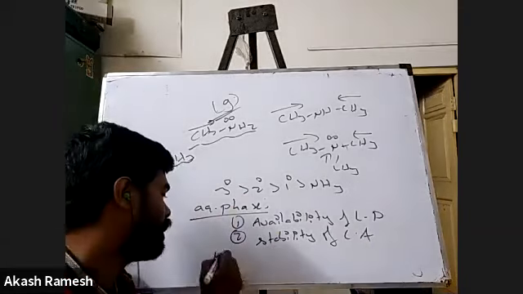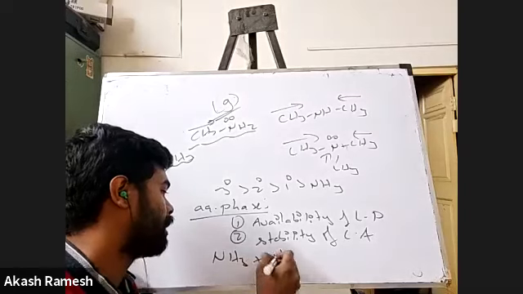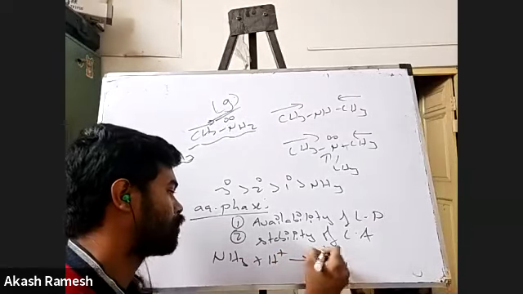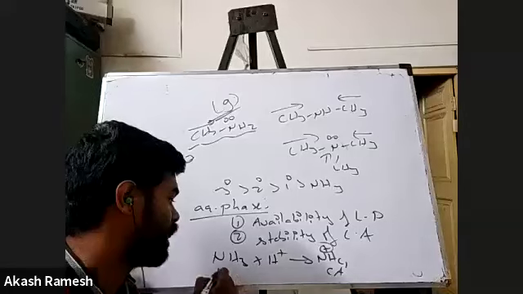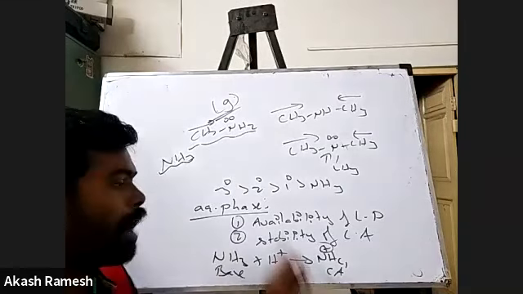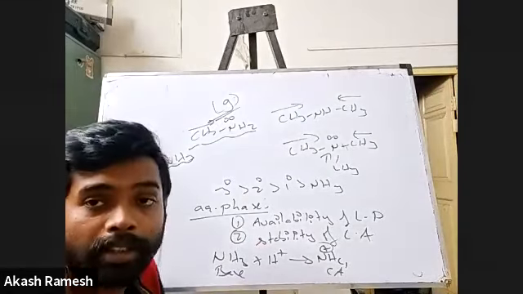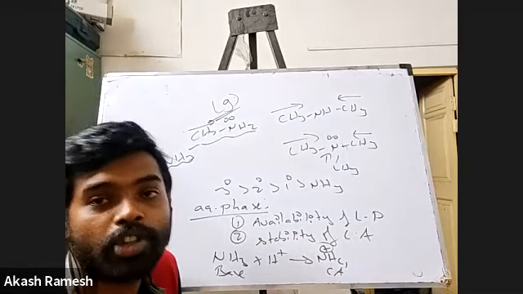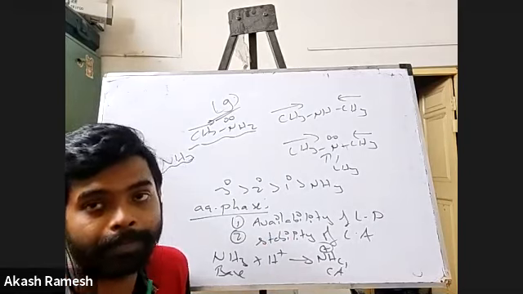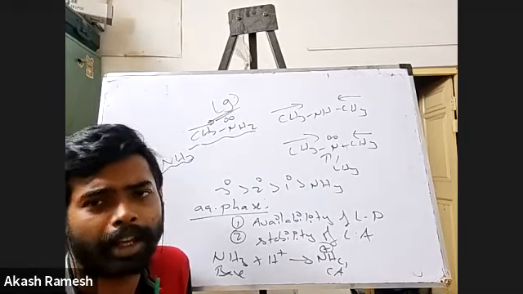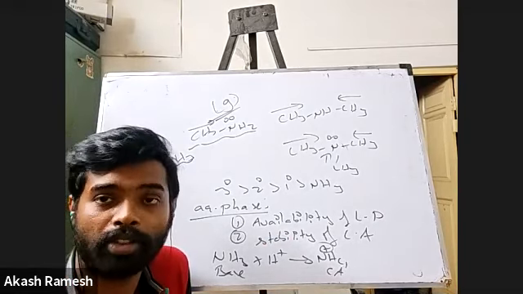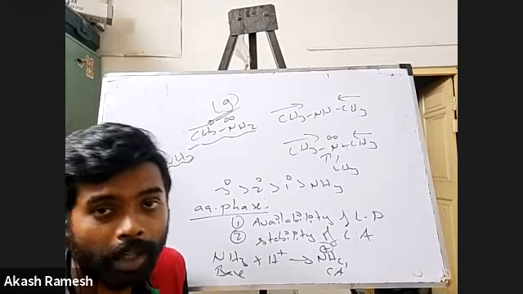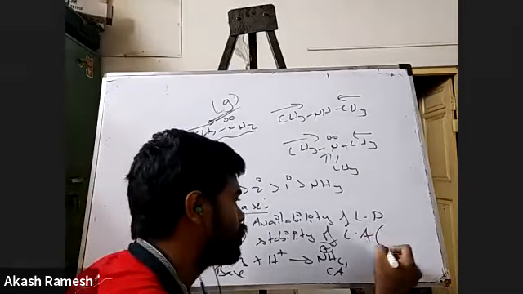For example, if I have ammonia reacting with H plus to form NH4 plus, now this is my conjugate acid and this is my base. After adding H plus, whatever is there is my conjugate acid. So if the conjugate acid is stabilized in some way, then I can say that this is stable. This is a good base. Now, please understand the stability of conjugate acid.